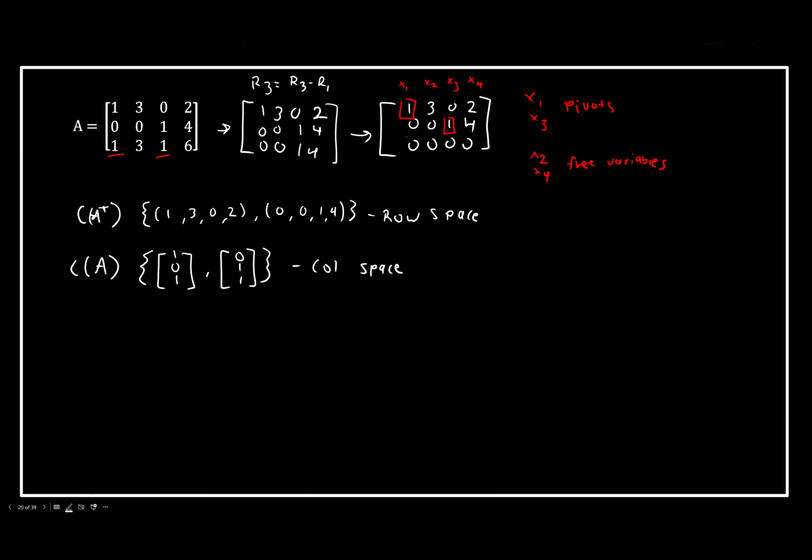This is our A matrix right here. If we look at 1, 3, 0, 2, and we transpose that, that would be our first column. And if we transposed A, this would be our second column. That isn't just the first two columns.